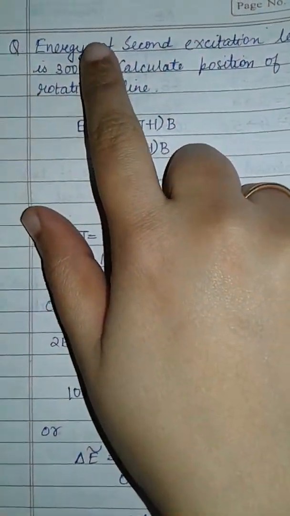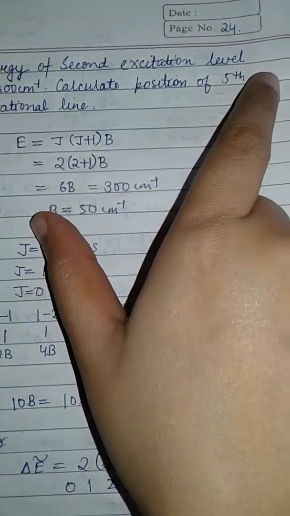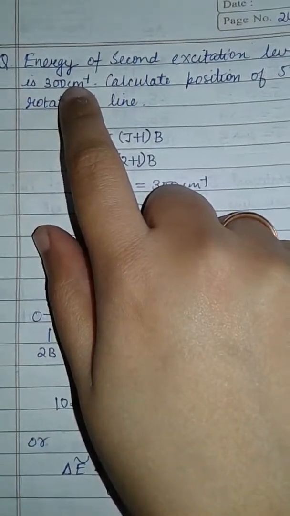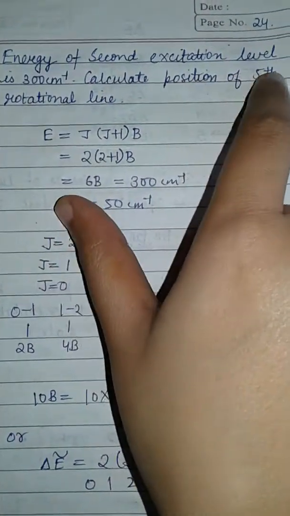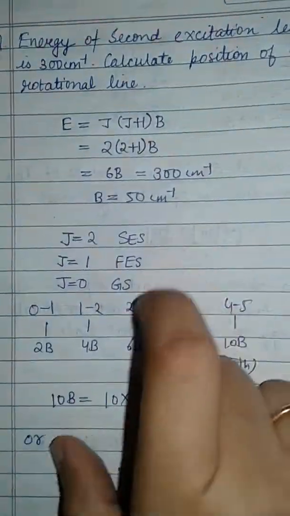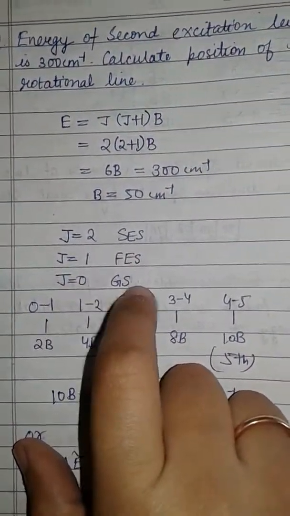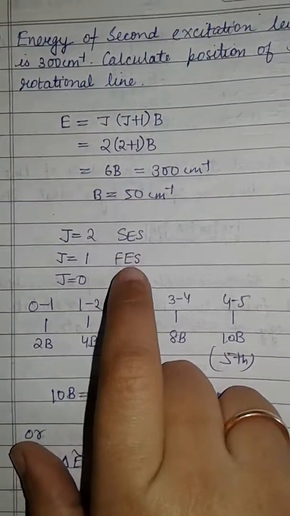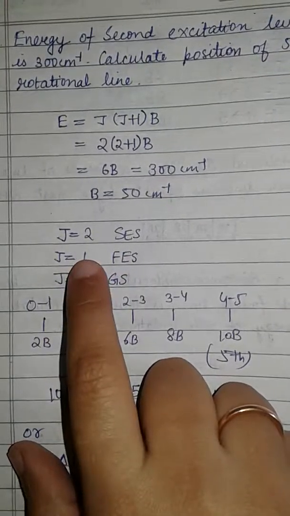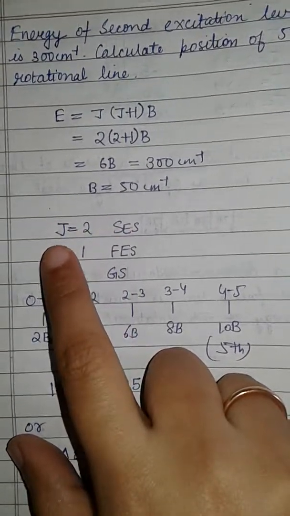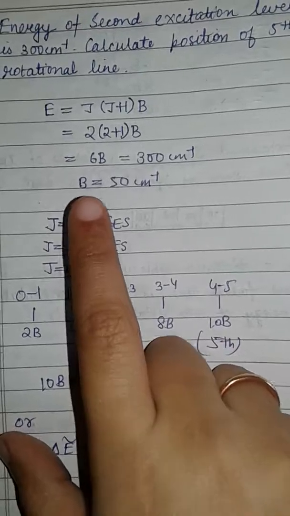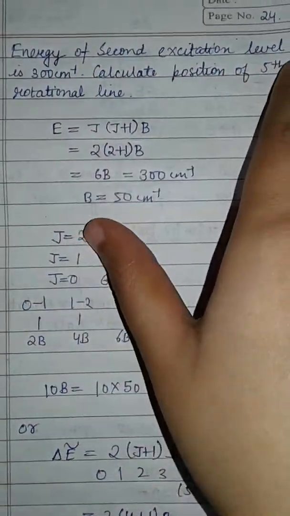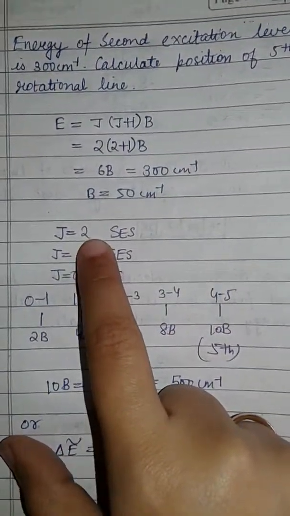Similarly, another question: energy of second excitation level is 300 centimeter inverse. Calculate the position of fifth rotational line. So for ground state, J equals 0. For first excited state, J equals 1. For second excited state, J equals 2. So the energy of second excited level, that is J equals 2, is 300 centimeter inverse.